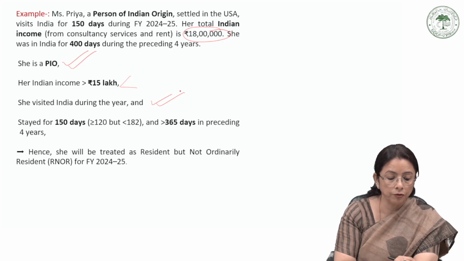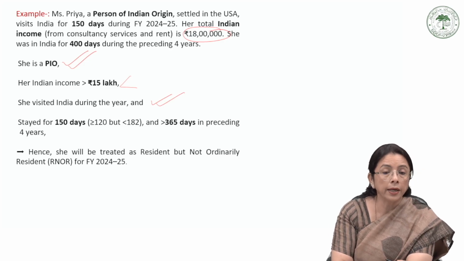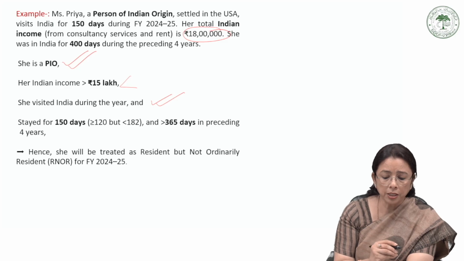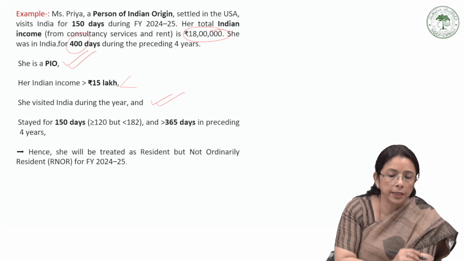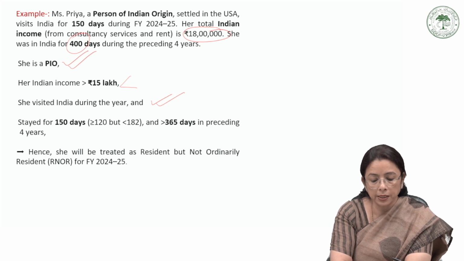This is also fulfilled. She stayed for 150 days, which is between 120 and 181 days. And regarding 365 days in the preceding 4 years: yes, because she stayed in India for 400 days, which is more than 365 days.